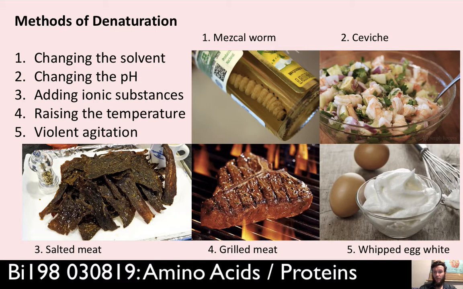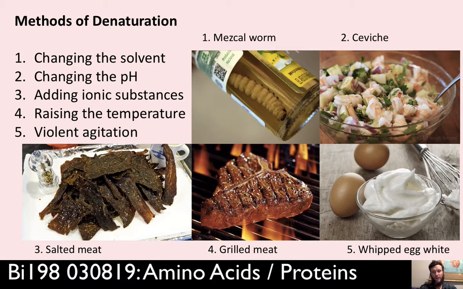Maybe many of you have had ceviche before. This is taking raw fish or seafood of some sort, and you just squeeze a bunch of lemon juice over it, and that lemon juice changes the pH of the fish and denatures the protein. So the fish in the ceviche may start translucent when it was raw.